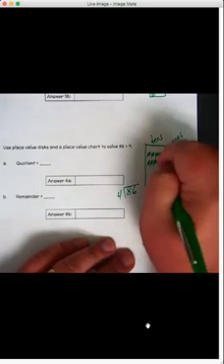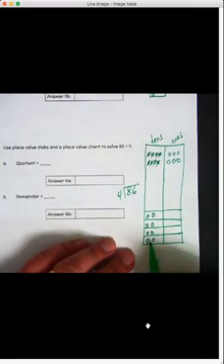So 1, 2, 3, 4. So how many tens were in each group if we divide them into 4 groups? If we had 8, there were 2 in each group. Now, if we multiplied these and counted all these up, we'd see 2 times 4 is 8. So we used all of them.